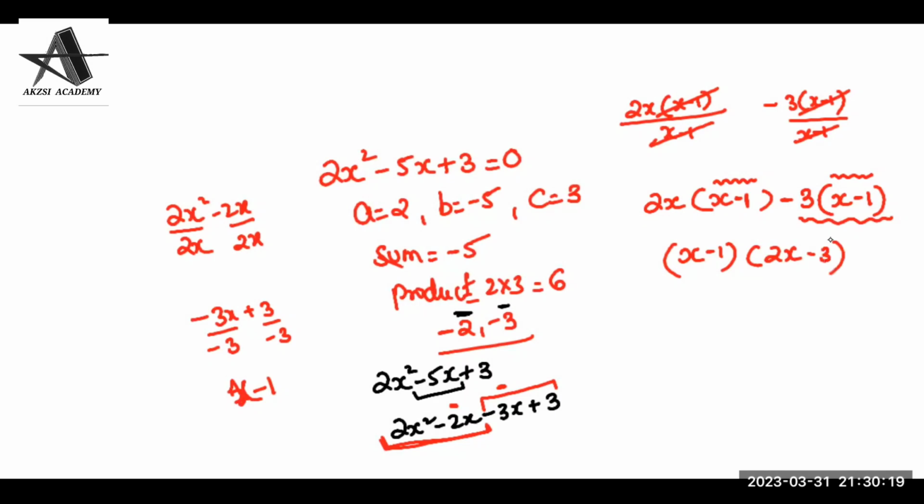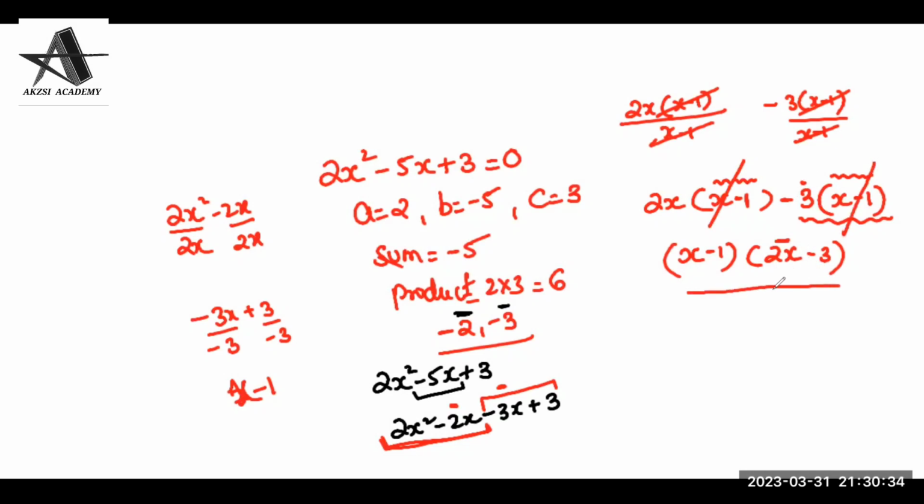Or simply, what you have to keep in mind is that if I take out x minus 1 as common, remaining is 2x and minus 3. So these two are my factors.